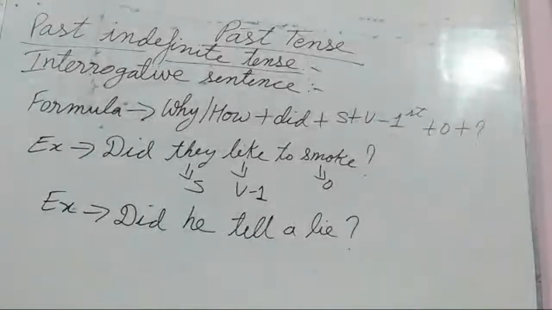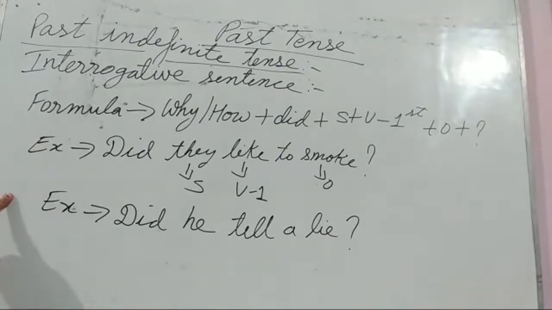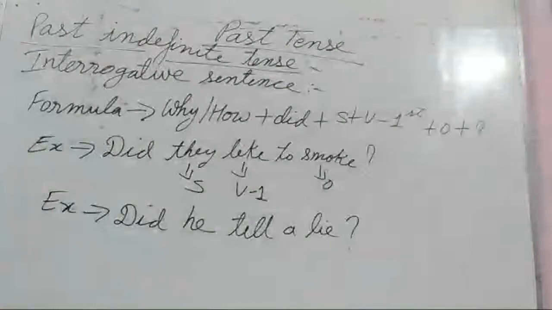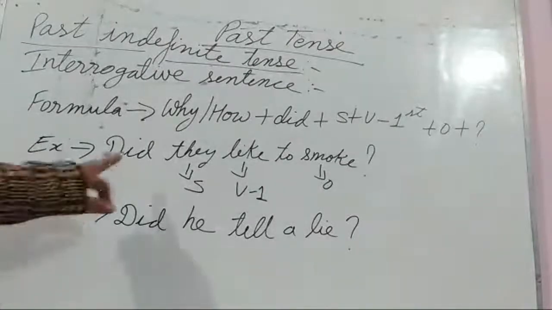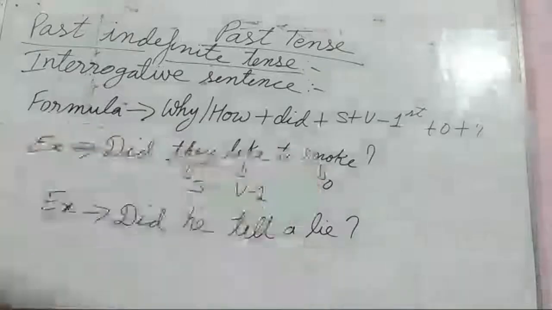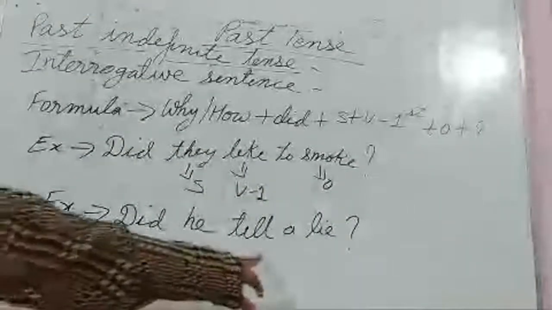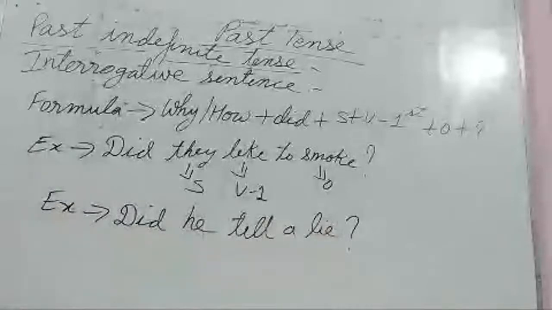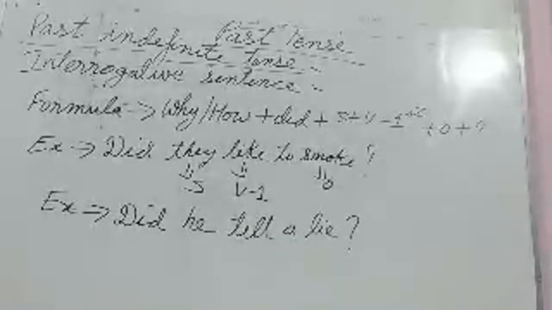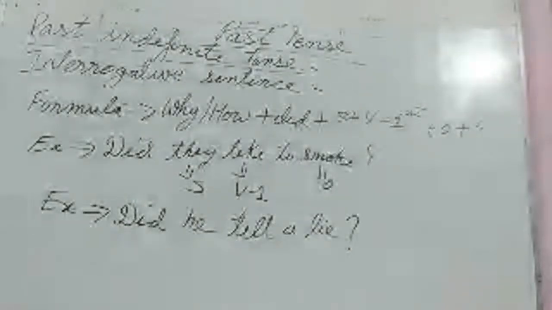So as a question is being asked, so did, he is the subject, tell is the verb of first form, and lie is the object over here. So the two examples in the interrogative form are, did they like to smoke? Next one, did he tell a lie? So these are the two sentences in the interrogative form of past indefinite tense.